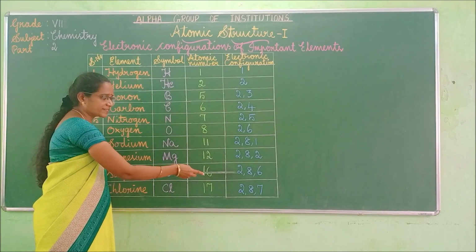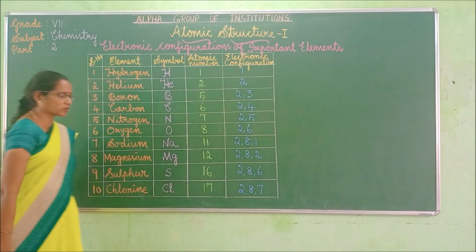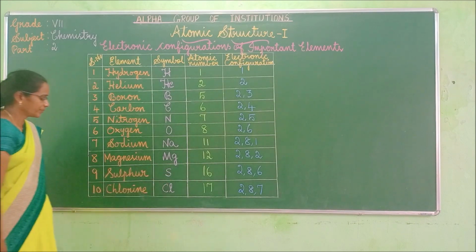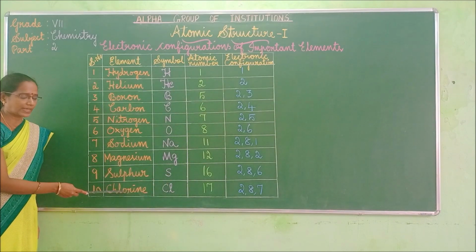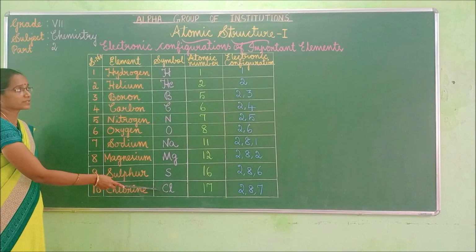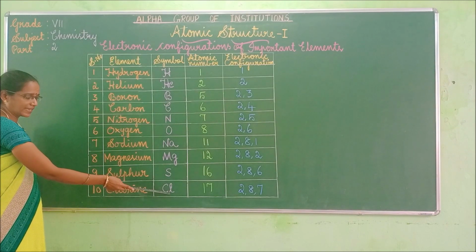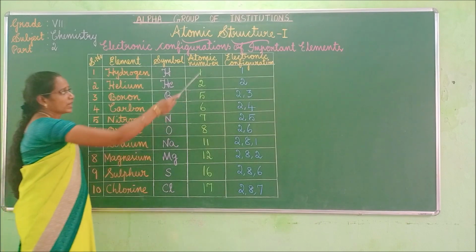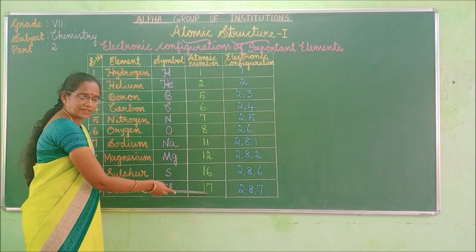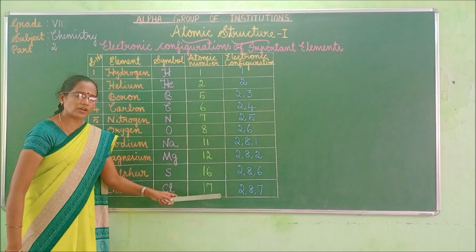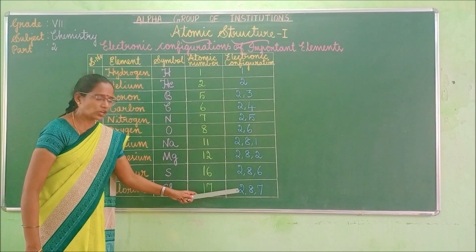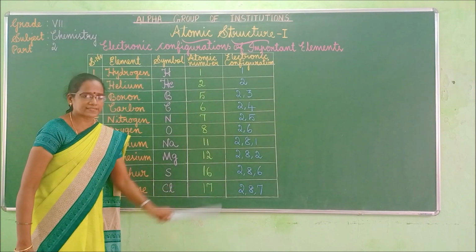Electronic configuration is 2, 8, 6. So you will get 16. And next one is chlorine. Its symbol is Cl, capital C and small l. Atomic number of chlorine is 17. And the electronic configuration can be split into 2, 8, 7.